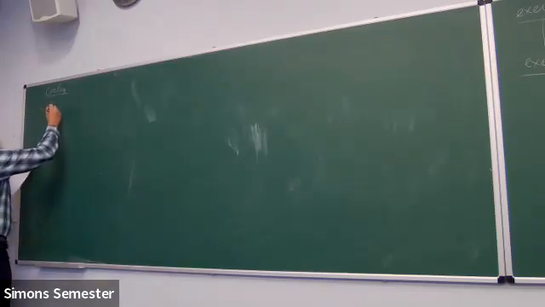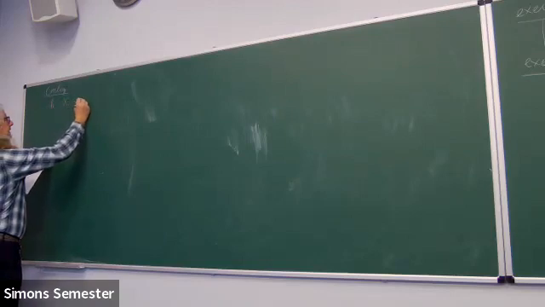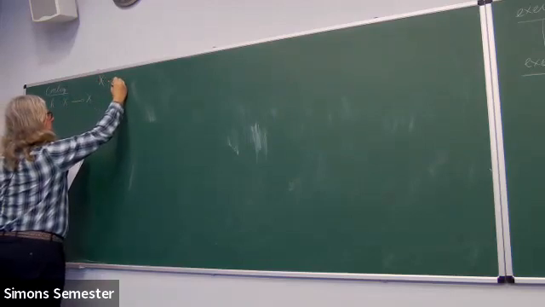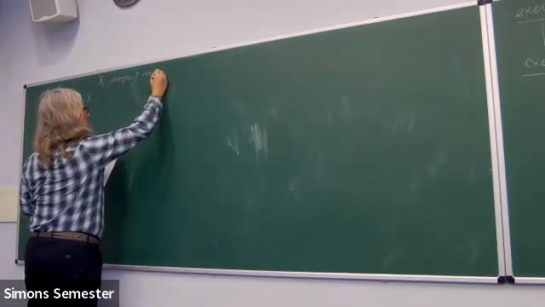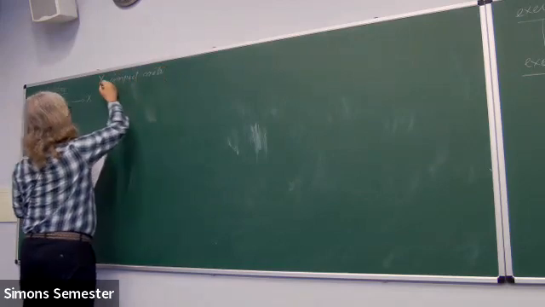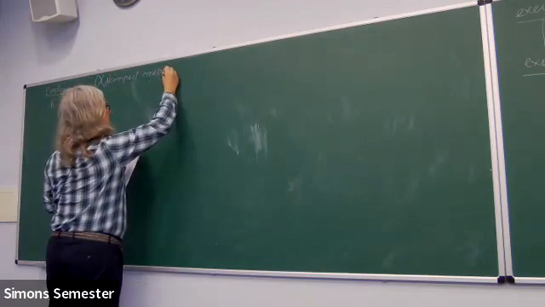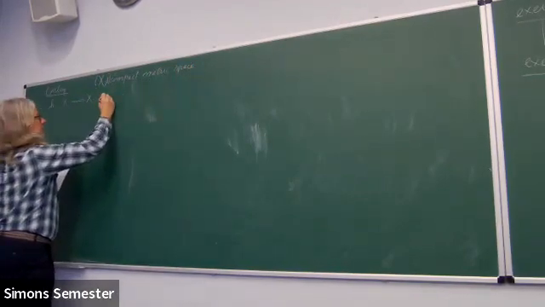So my setting will always be that I have h from X to X. So X is a compact metric space, and h a homeomorphism.